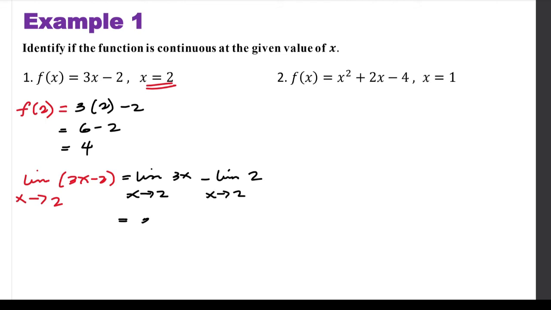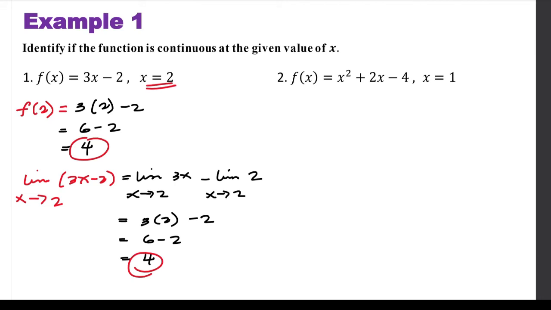By substitution, we have 3 times 2 minus 2. So we have 6 minus 2, and this is 4. Since f of c, which is 4, is equal to the limit of the function as x approaches 2, then the function is continuous at x is equal to 2.